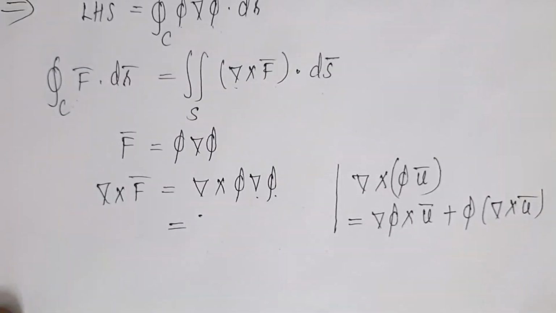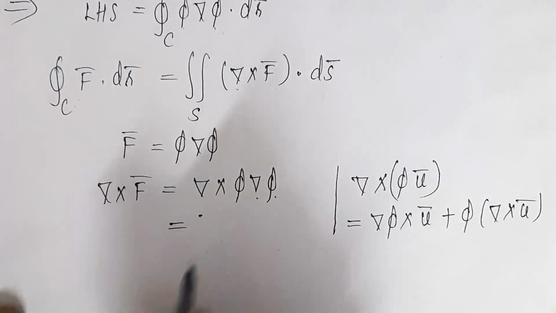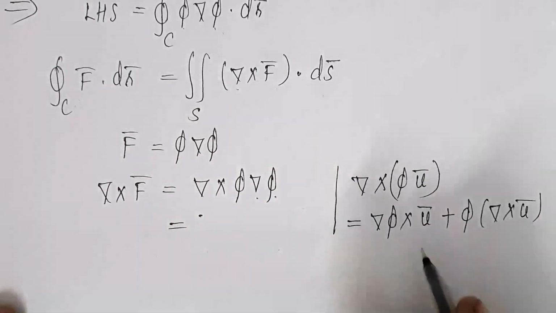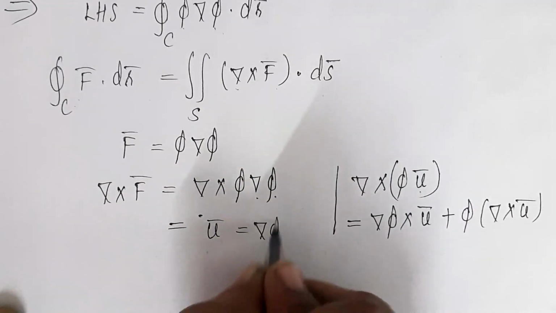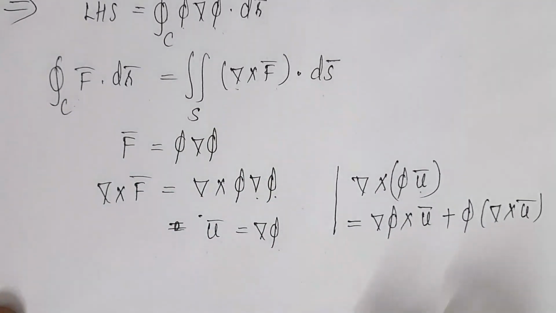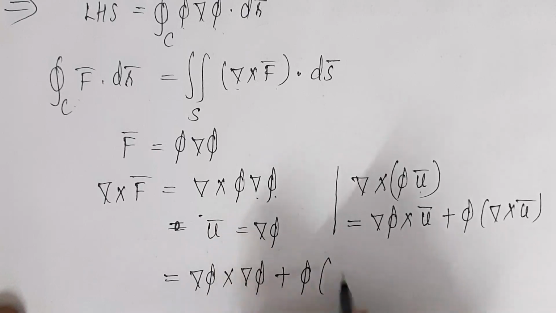This is the standard result. Here u is equal to del phi. So using this standard result, it is equal to del phi cross del phi plus phi multiplied by del cross del phi.